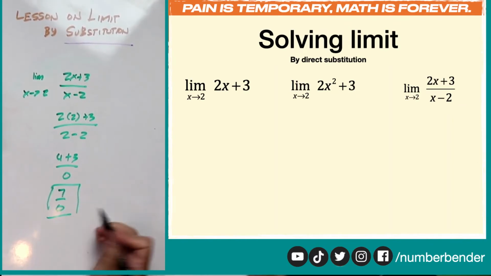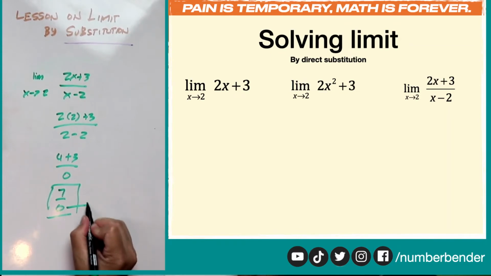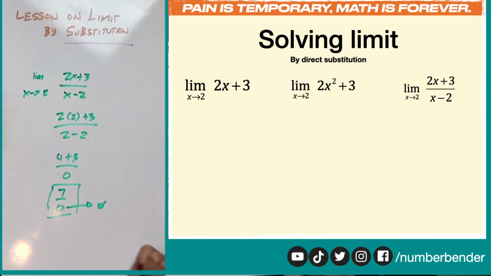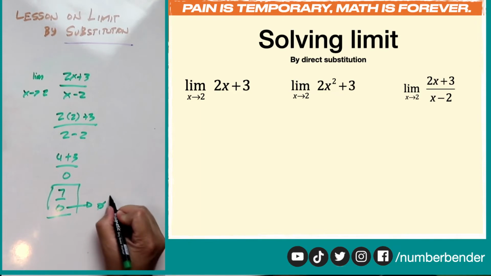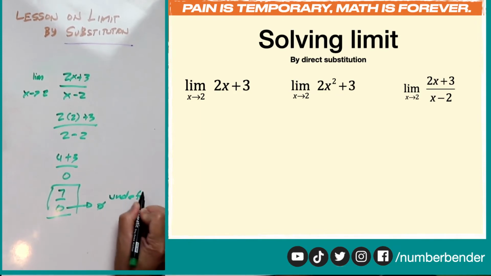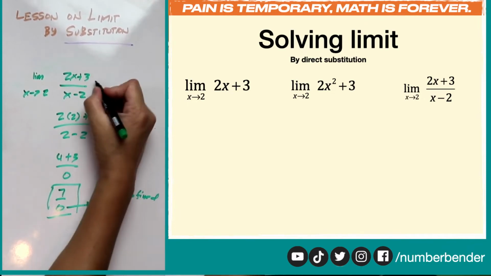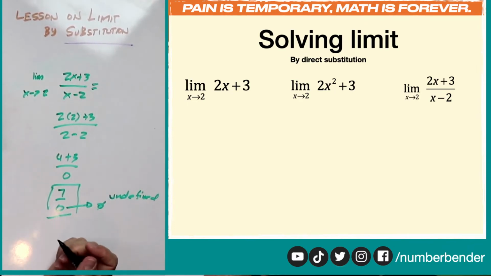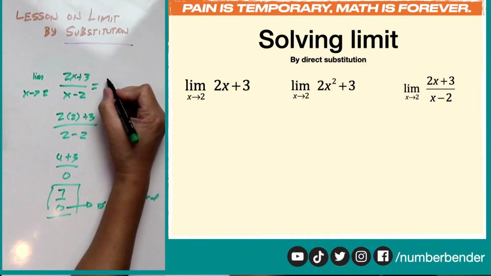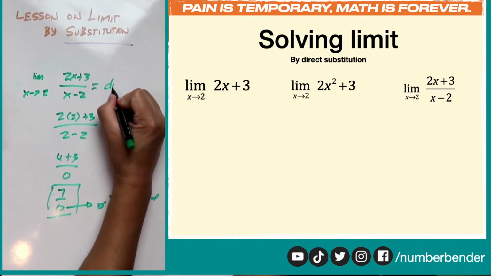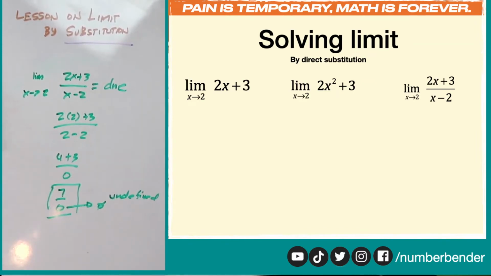And we know that if we have a fraction and the denominator is equal to 0, that means that this fraction is undefined. In calculus, this tells us, even if we're not seeing the graph, that this function as x approaches 2 is DNE, or does not exist, because our denominator turned into 0.